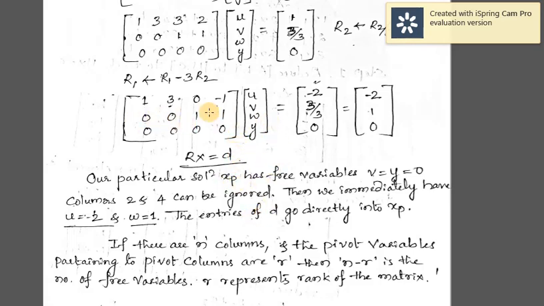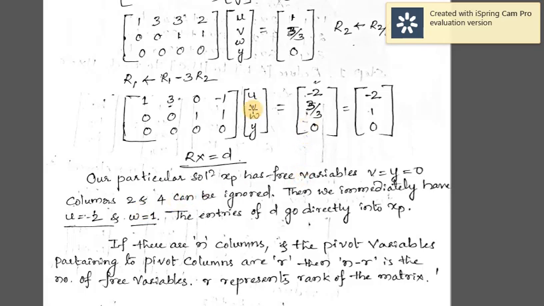that here we know that v and y are the free variables, and for the free variables we have to consider the values as 0. So we need to consider the values as 0 for the free variables, and only u and w values are to be taken.